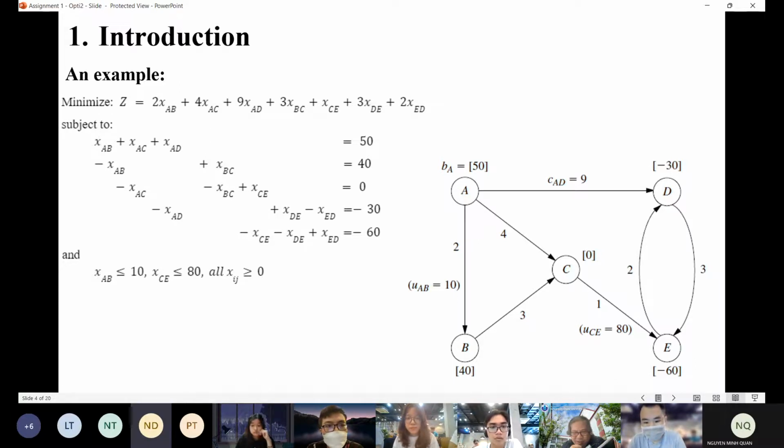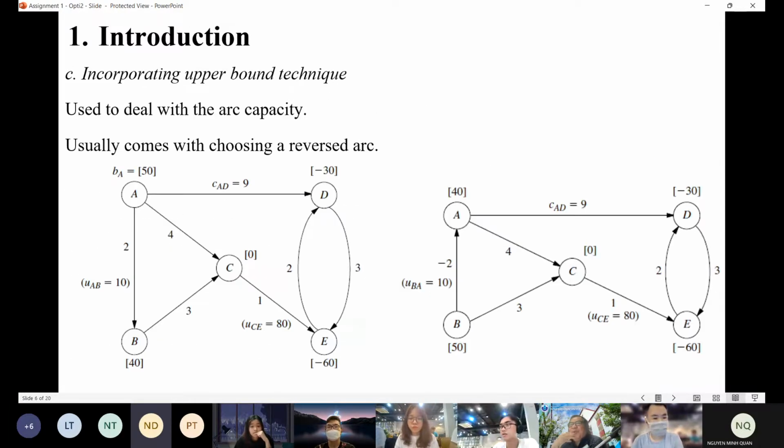As I tell you, the network problem we know already. Is that okay? And what you are thinking is about incorporating this problem with the upper bound technique. Is that okay? So what is the problem with the upper bound? You just tell me, for example, this problem is different from the normal problem we studied before.